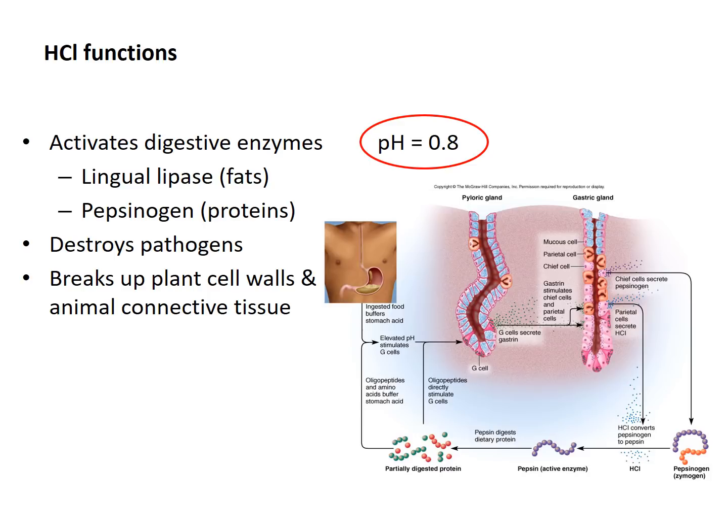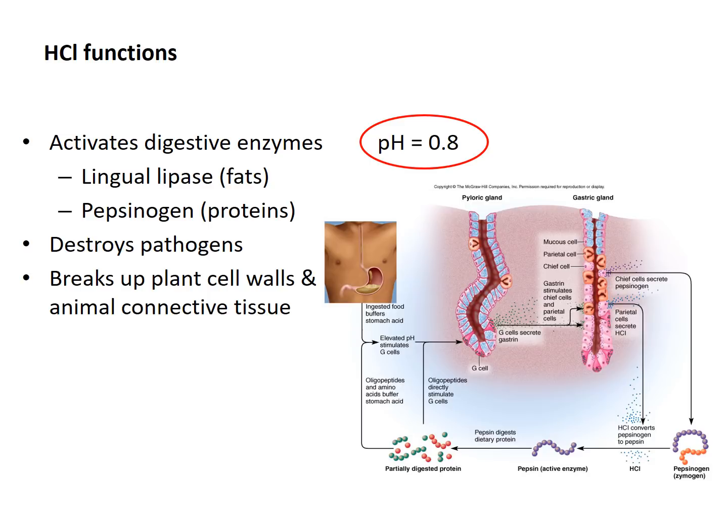We have an abundance of hydrochloric acid in the gastric lumen. The pH of the gastric lumen is extremely acidic, usually less than 1. What is the role of hydrochloric acid? So hydrochloric acid will activate some digestive enzymes such as the lingual lipase coming from the salivary glands and the pepsinogen coming from the stomach itself. That stomach acid will destroy pathogens.